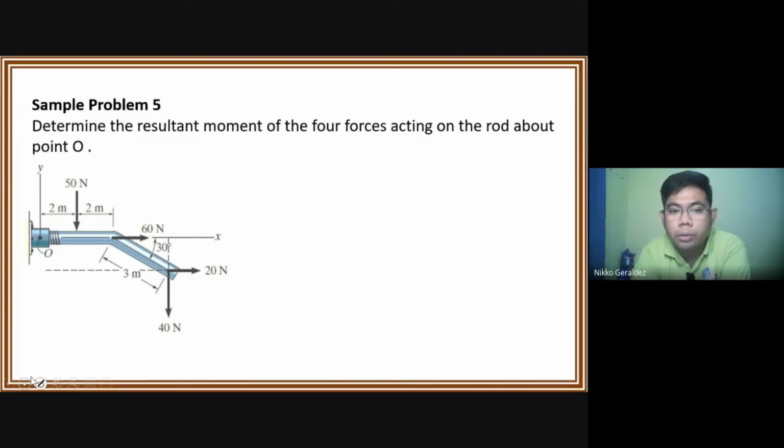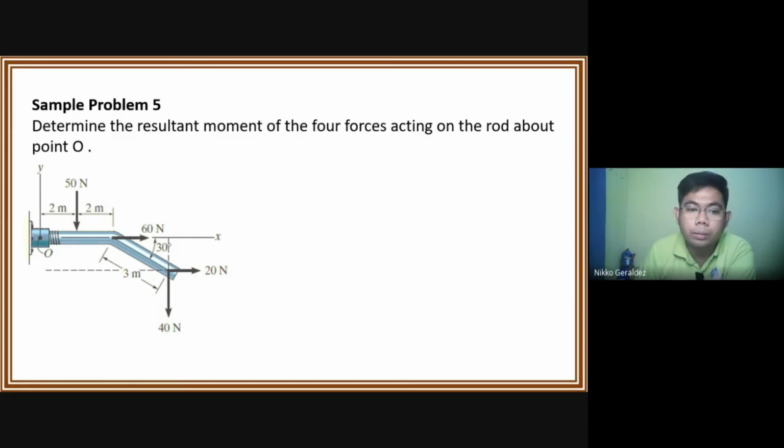Determine the resultant moment of the four forces acting on the rod about point O. We have four forces: 15 Newton downward, 16 Newton to the right, 20 Newton to the left, and 40 Newton downward. We need to find the resultant moment at point O.